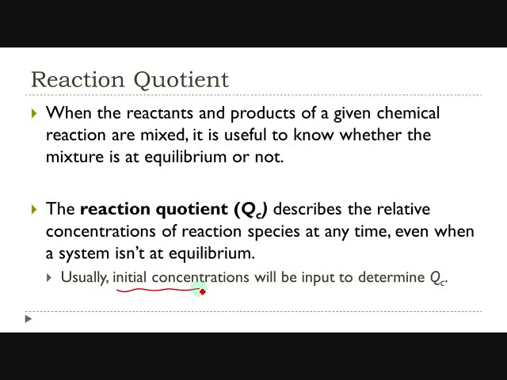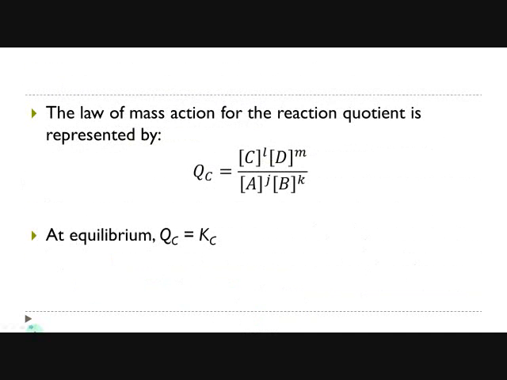When you solve for it, it looks the same way, where products over reactants raised to the powers from the balanced chemical equation. But the way that we're going to know for now that we're at equilibrium is that if you were to solve it and the Q is equal to the K, then you would have the answer.